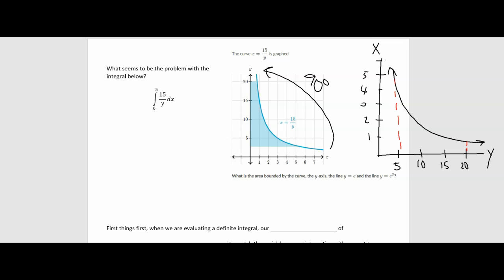Once I rotate it 90 degrees, it looks like this, where this is the positive y side. Okay, that's if I rotated 90 degrees.